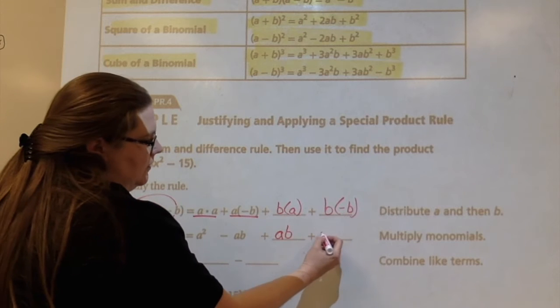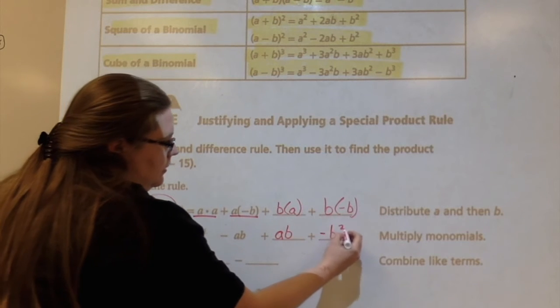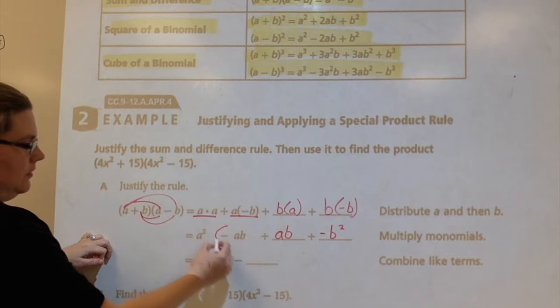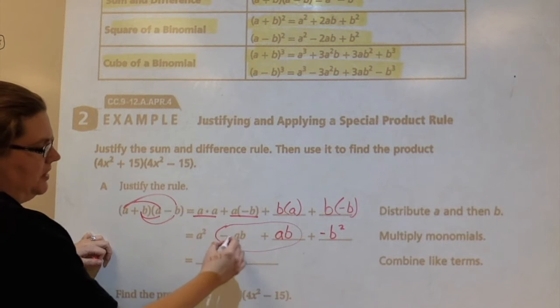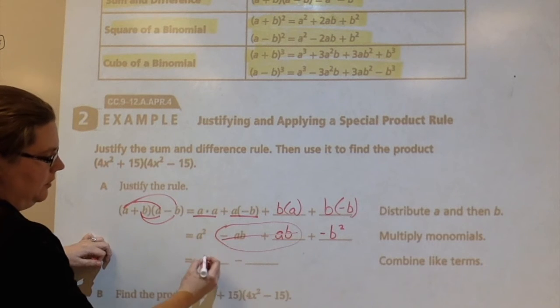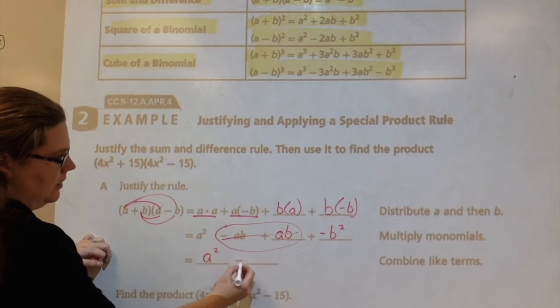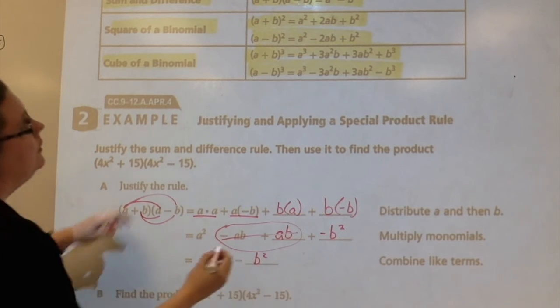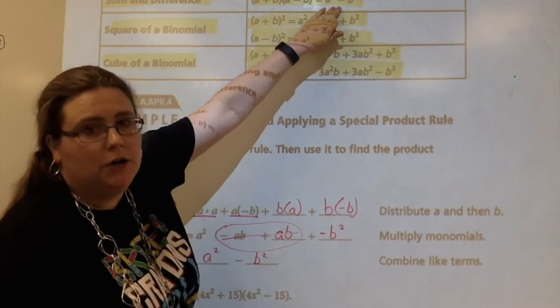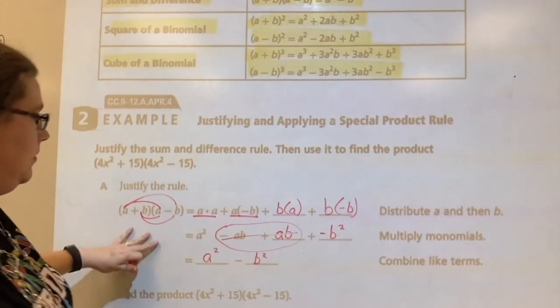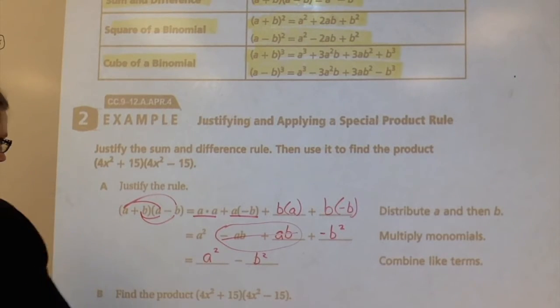And then B times negative B is negative B squared. Now notice that negative AB plus AB are going to zero out, and you end up with just A squared minus B squared, which is what the special product rule tells you. Pause if you need to.